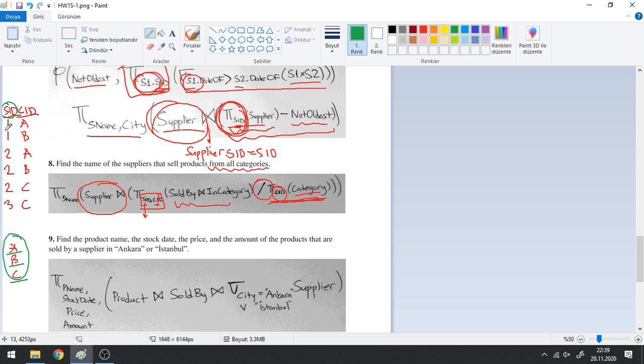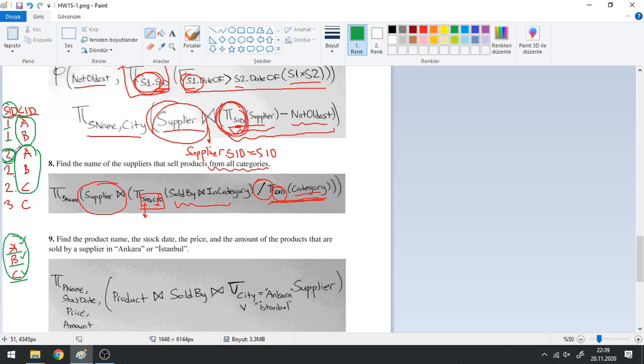So do I get SID 1? It is matching with A and B, but it is not matching with C. Do I get SID 2? Yes, it matches with A, with B, and with C. So therefore I get 2.